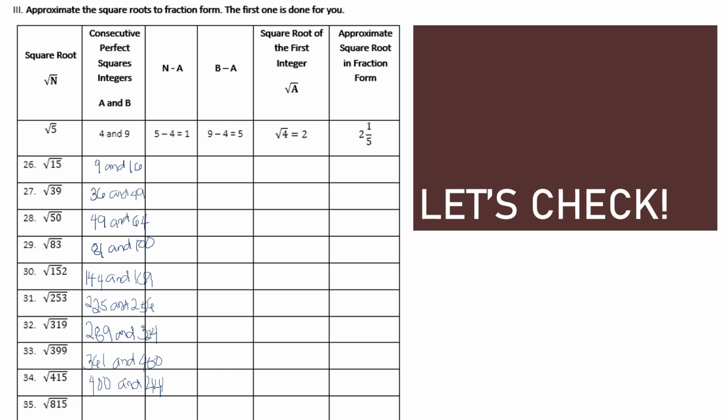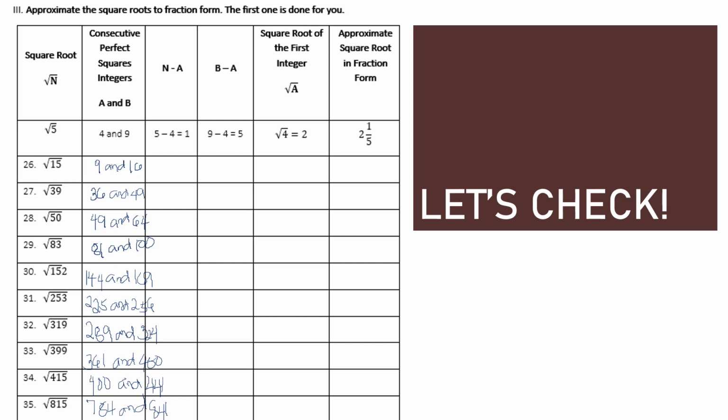Square root of 815 is between 784 and 841. Now let us subtract n minus a first.